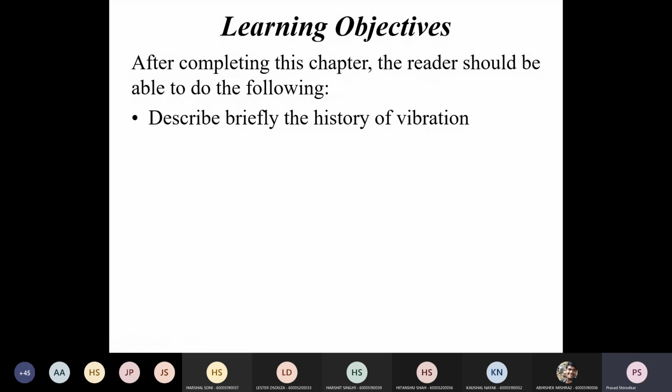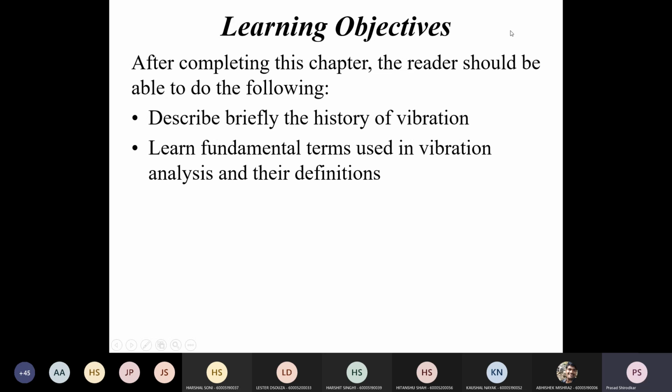you should be able to learn briefly the history of vibration, how and why people started studying this subject. You will learn some fundamental terms in vibration analysis and their definitions, and you will be able to indicate the importance of the study of vibration.